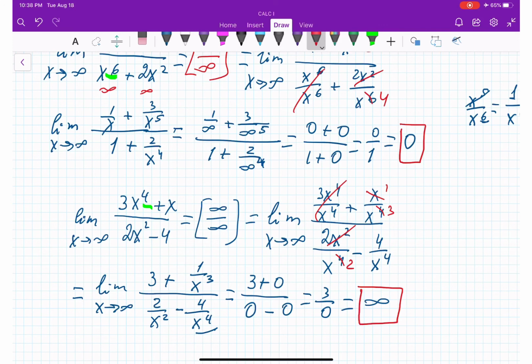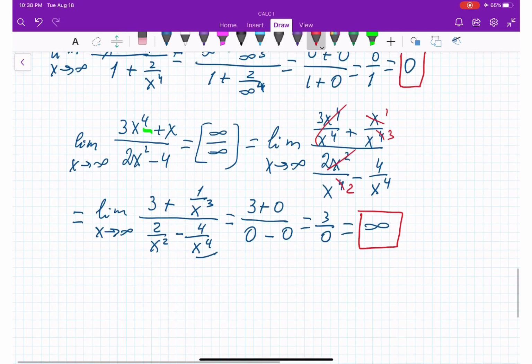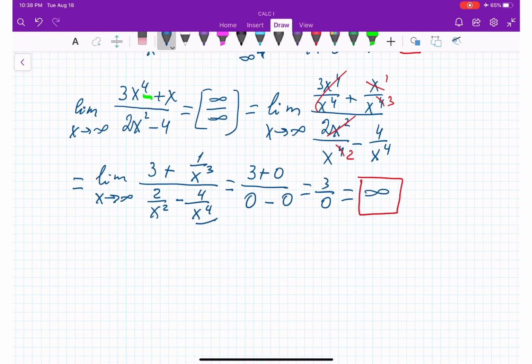Yes? So let's solve one more example. All right, so limit as x approaches infinity, and what do we have? Let's say 5x cubed plus 3x over x squared plus 19.